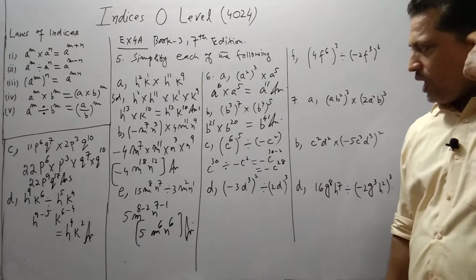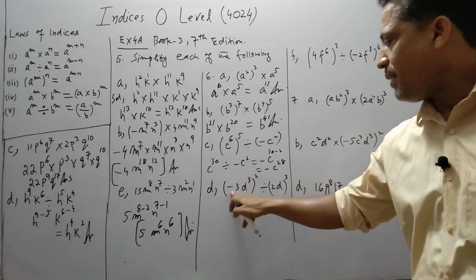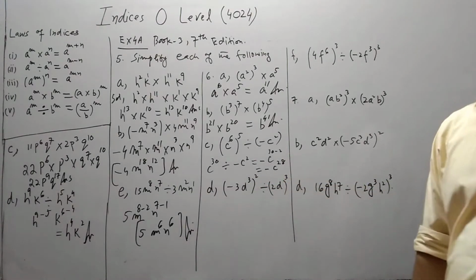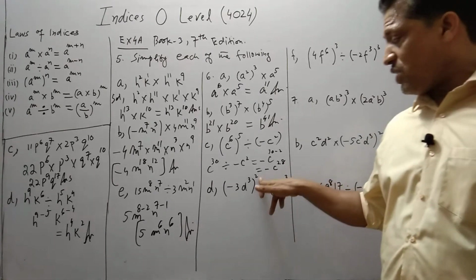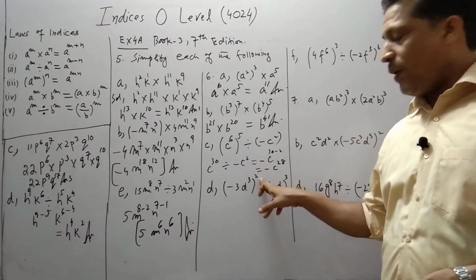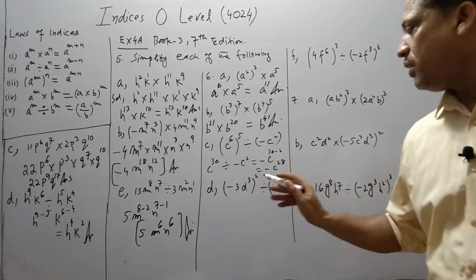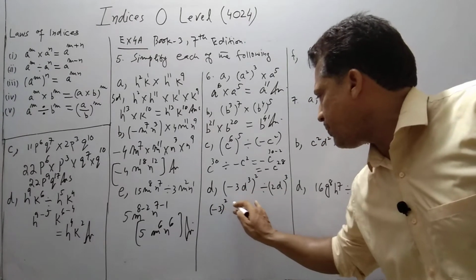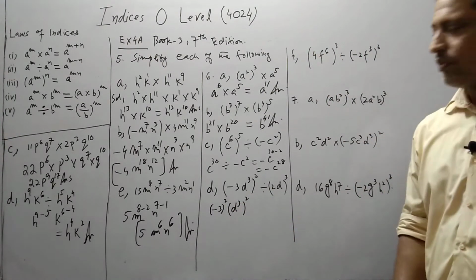I hope you understand. Look at part D. Part D is (minus 3d cubed) whole to the power 2 divided by (2d) whole cubed. It's very easy. Because this square is applied on the whole bracket, we apply 2 on minus 3 and d cubed as well. We apply this 2 on 3 and this 2 on d cubed.